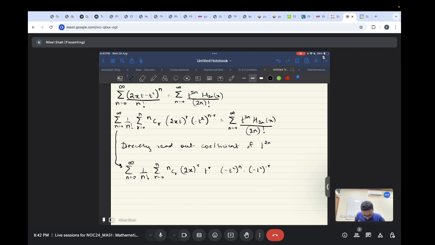So that minus 1 raised to the power of n minus r is okay outside. But nCr.